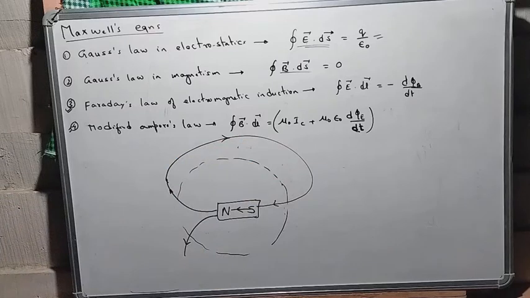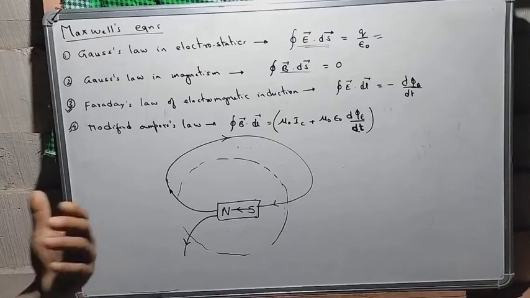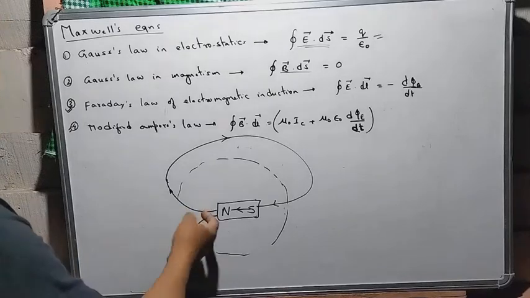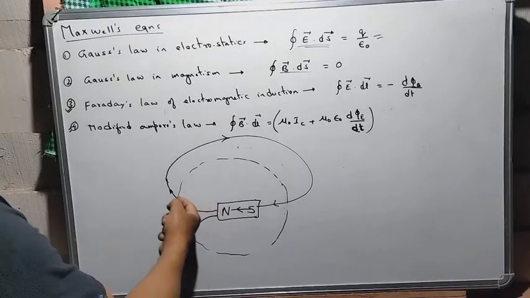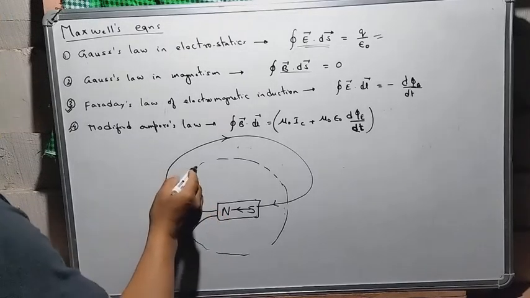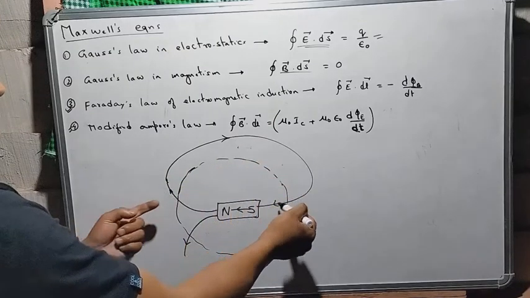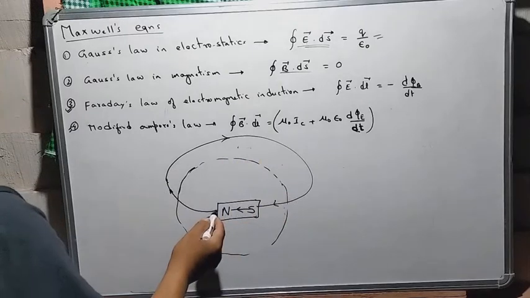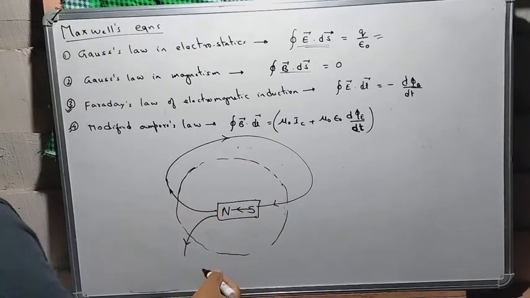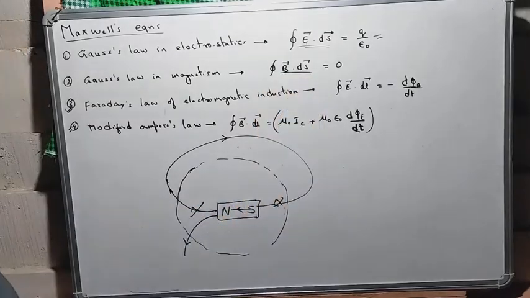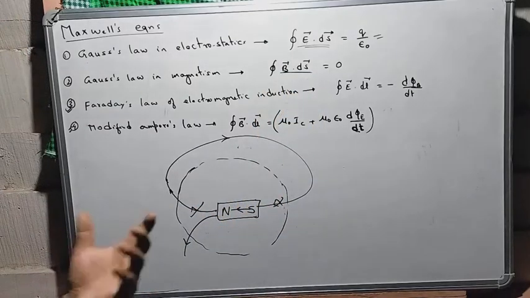Any line which forms a closed path will not produce any flux over the surface. Are you getting my point? If this is a line which is passing through this surface, then this is the line which is coming into the surface. So one line is going out, one line is coming in, so they cancel out each other. That is why the magnetic flux over the closed surface is 0.